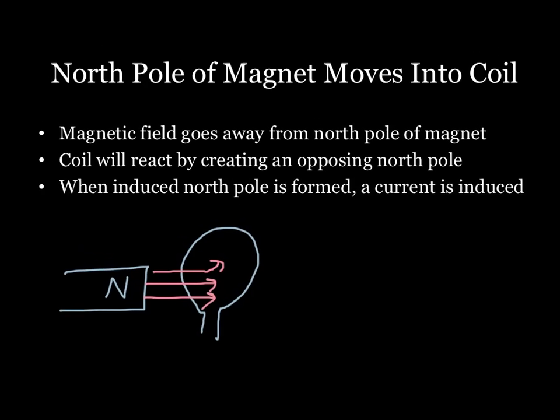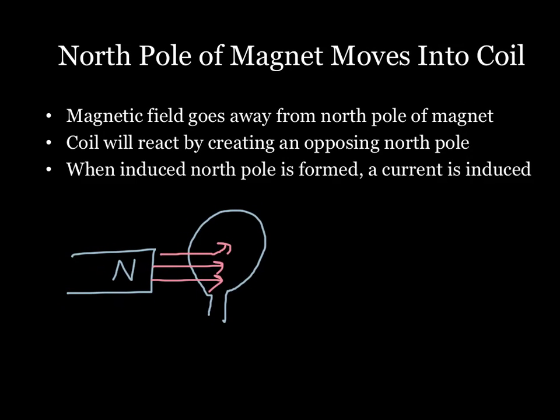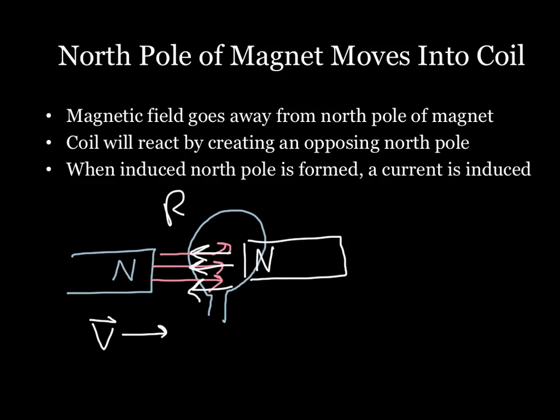And again, I said that the velocity of the magnet should be going into the actual coil. However, the coil of wire was pretty happy exactly the way that it was, so it's going to react by trying to repel this field. Essentially, this wire creates its own imaginary magnet in which it has its own induced north pole that creates an opposing magnetic field. So here's my opposing magnetic field. We can see north and north, remember these will repel.